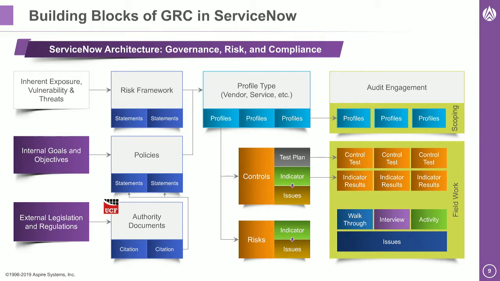You can understand that a risk framework is nothing but a grouping of common risks that are present in the environment. Under the risk framework, we define the risk statements. Risk statements again are templates for the risks that will be created later on. These are the basic things that we set up when we start implementing GRC using ServiceNow.